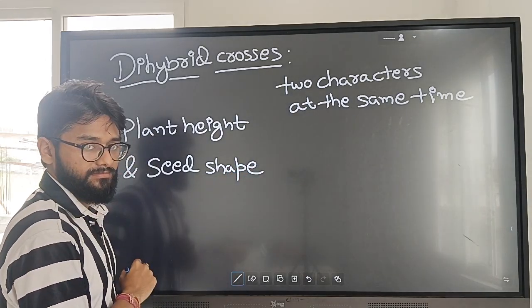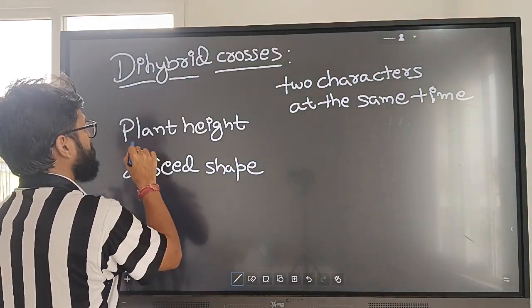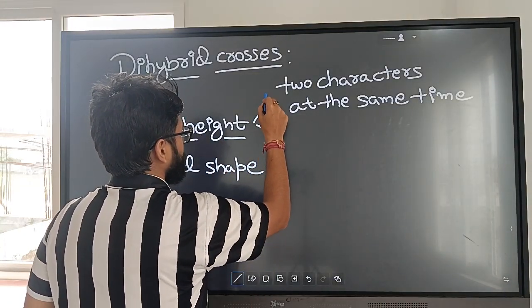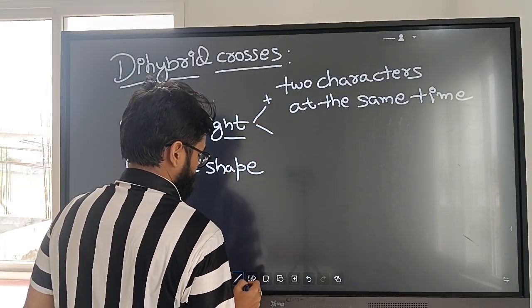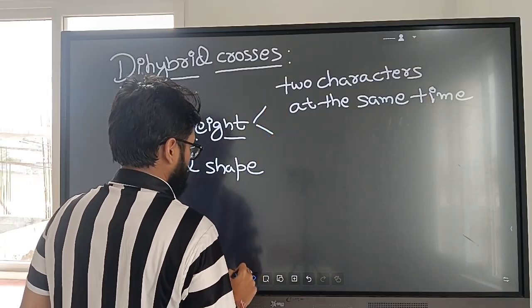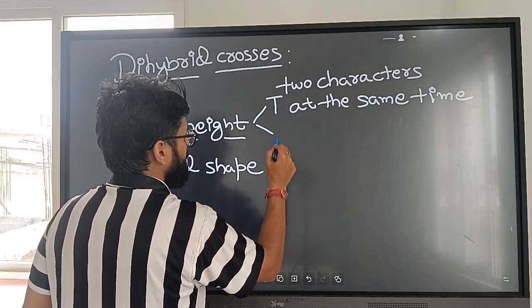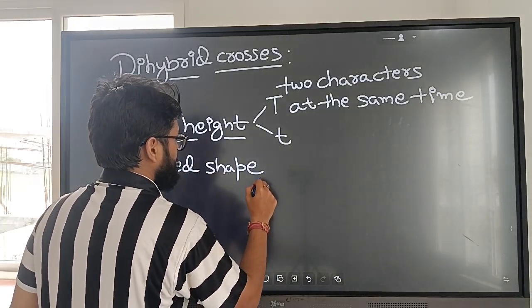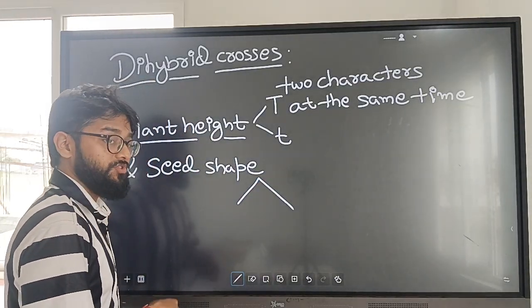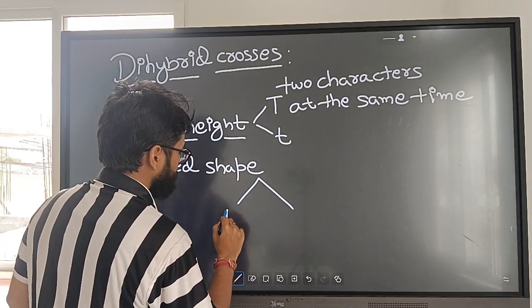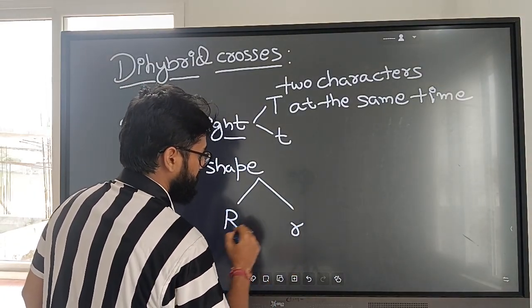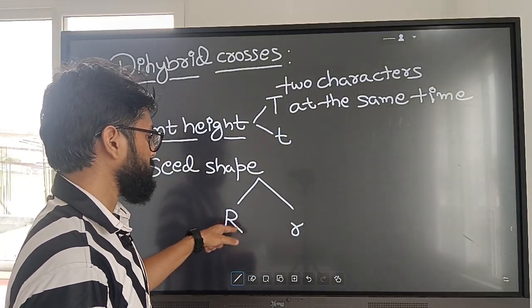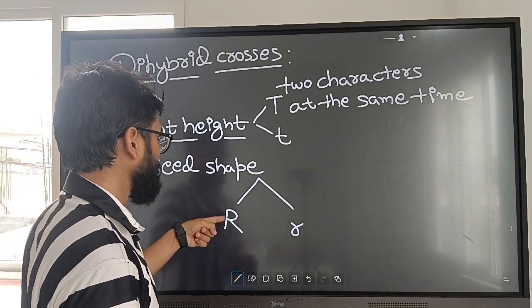Plant height, the character itself, will have two traits, that is tall and dwarf. Similarly, seed shape will also have two traits, that is round and wrinkled. We will show it with capital R and small r for round and wrinkled.